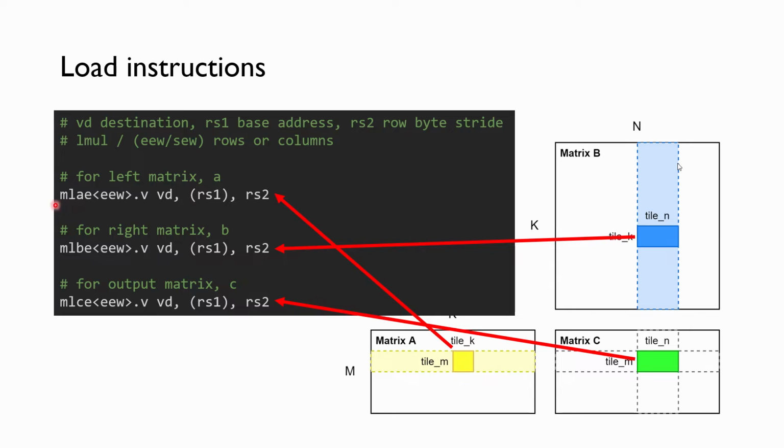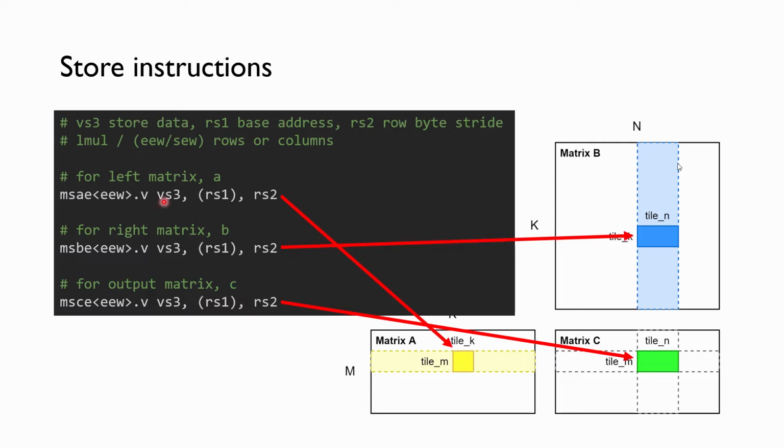So take this instruction for example, the MLAE.V instruction loads a tile A from the left matrix to a vector register VD. The store instructions are quite similar to the load instructions, except they have opposite directions.